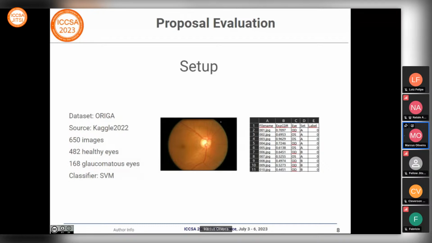On the right side, there's an attribute table of labeled images provided along with the ORIGA dataset by the Kaggle site. It has only two important attributes, the CDR and the eye direction, besides the image file name and the set, a kind of attribute, the source of images.